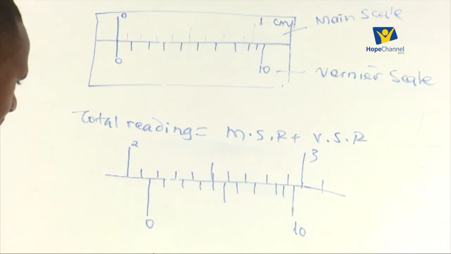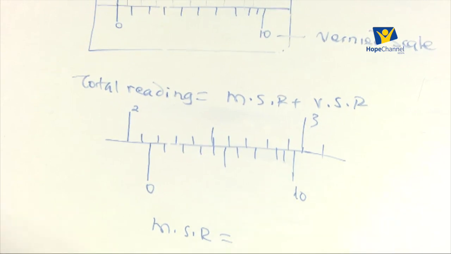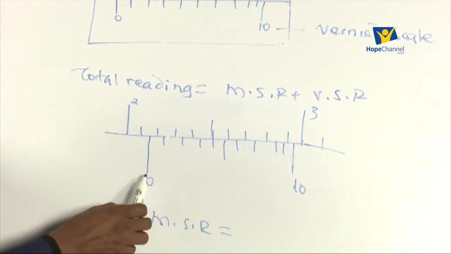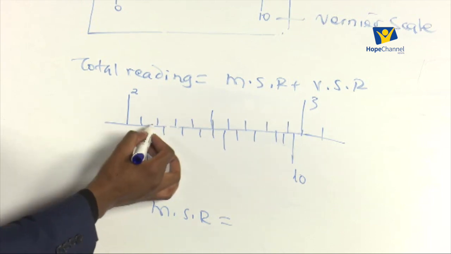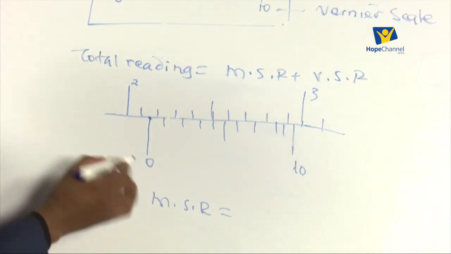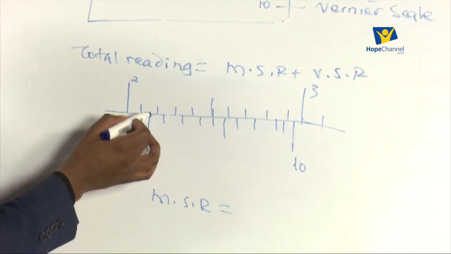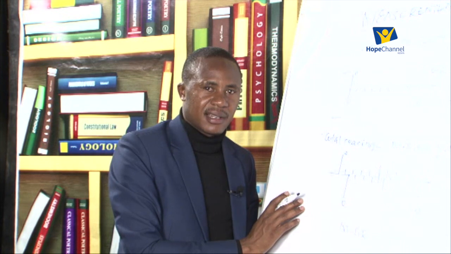Now, for us to get the main scale reading, what we do is this. You look at where the vernier scale begins. Like on the diagram here, the vernier scale is the lower division. It is starting from this point here, then it goes to the right. For the main scale, we take the point to the left of where the vernier scale begins.